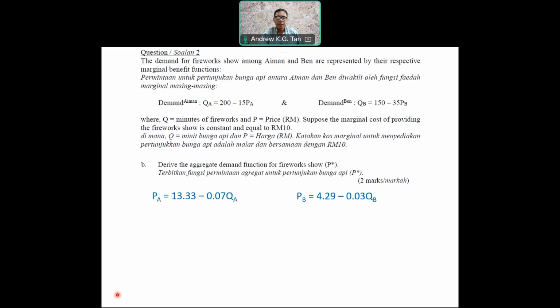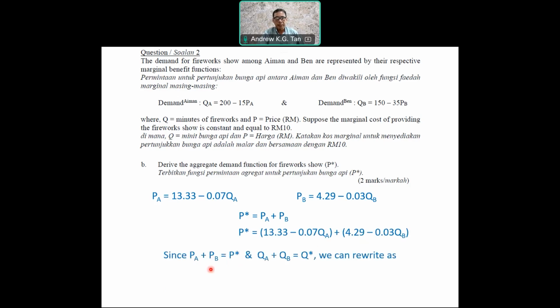Based on the inverse demand functions that we have found in A, P star is equals to the summation of the inverse demand functions for Ayman plus Ben. So we have found from part A, PA is equals to 13.33 minus 0.07 QA plus PB would be 4.29 minus 0.03 QB.